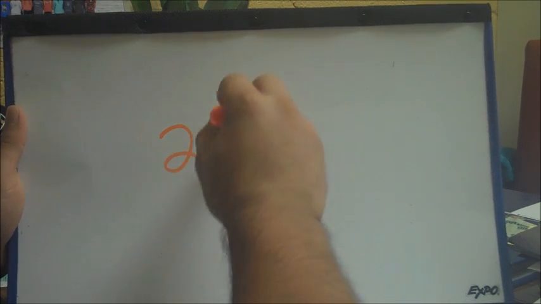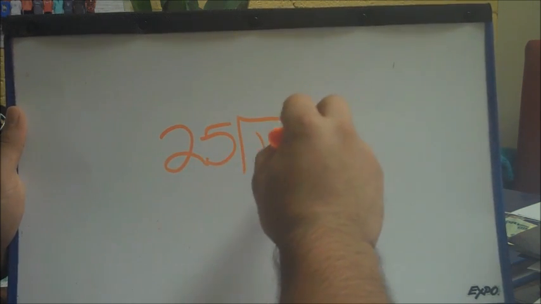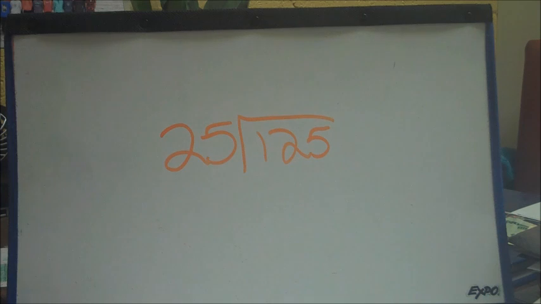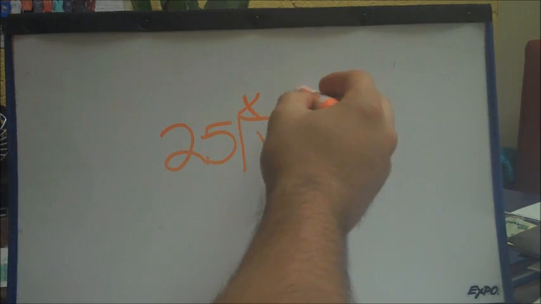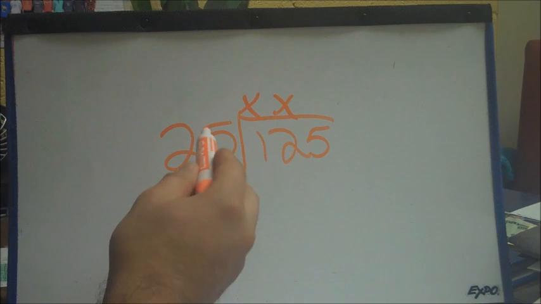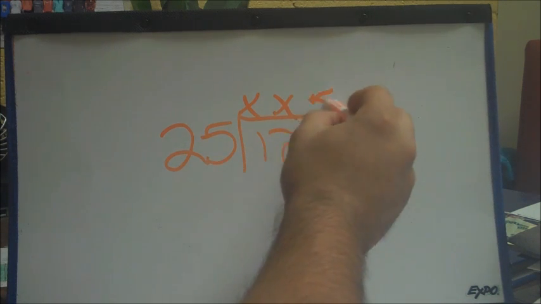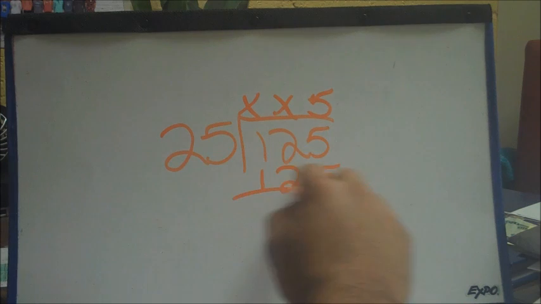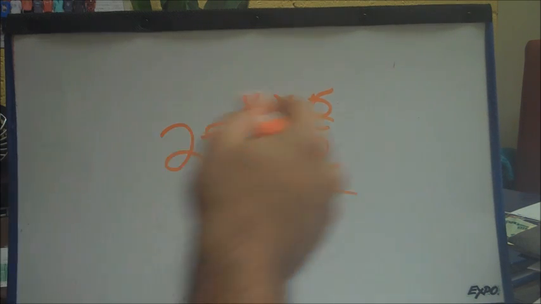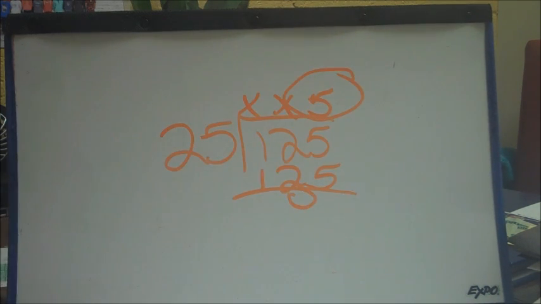So make sure that you had that written down in your notes, and I'm going to write our new problem that you should have written down below. And looking at this, 25 won't go into 1, and 25 will not go into 12. But 25 times 5 is 125. And that's just going to give us a simple answer of 5.